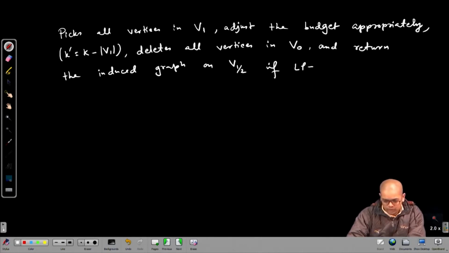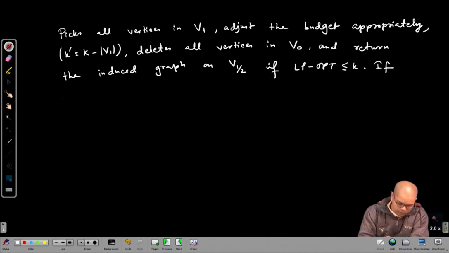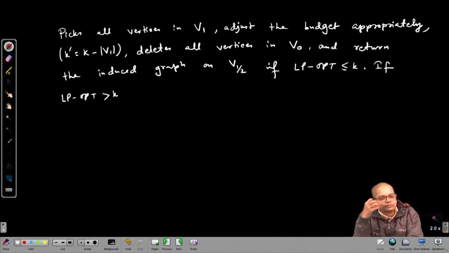It does this if LP opt, the optimal value of the LP, is less than or equal to k. If LP opt is greater than k, then the size of the minimum vertex cover is at least LP opt. LP opt is a lower bound. This we have seen in the design of approximation algorithms many times, because the vertex cover problem is basically an integer linear program and we are doing linear programming relaxation. Hence LP opt is a lower bound on opt.